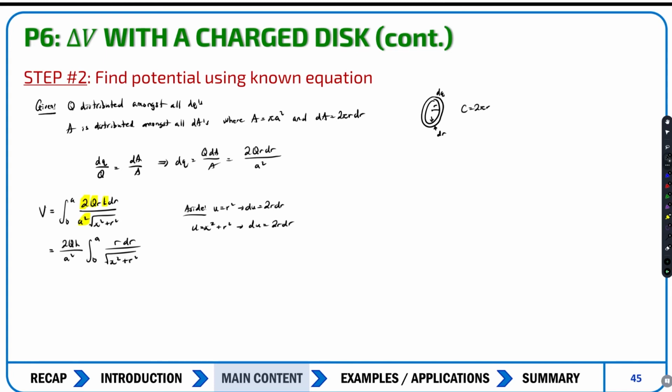So why don't we put that in here? We have 2kq over a squared. We have r equals 0 and r equals a. du over the square root of u.